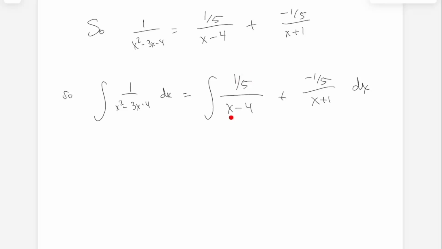This is going to be a ln of x minus 4. This is going to be a ln of x plus 1, using what I wrote in the box from before. And these 1/5 in the numerators just end up as coefficients on my answer. So this is the integral, well, minus 1/5 ln x plus 1, like so. This is why you do the partial fractions, because it lets you do the integral better.